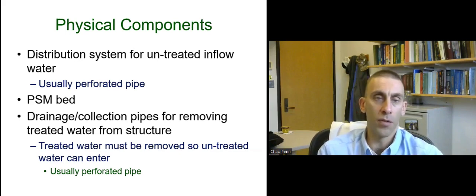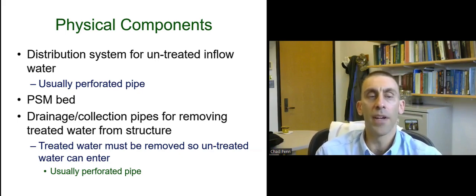Usually this is through perforated pipe. It doesn't always have to be. There's other ways to do it. And you have obviously a filter bed that contains your media, and then another series of drainage or collection pipes for removing the treated water from the structure.